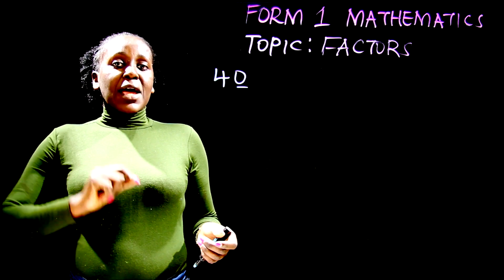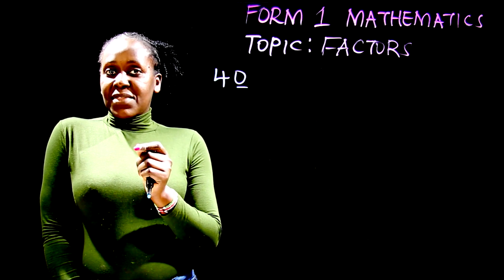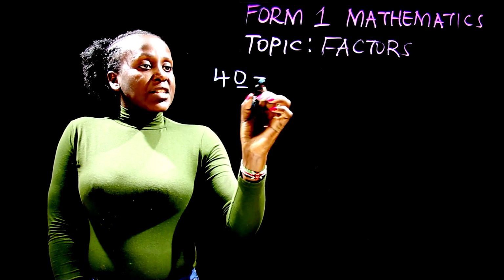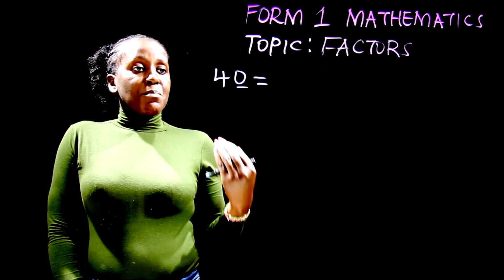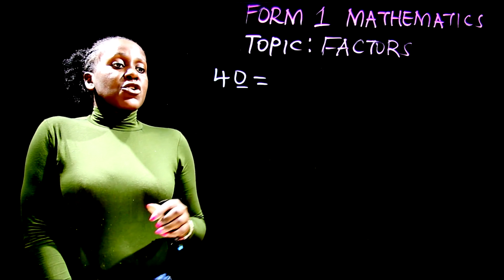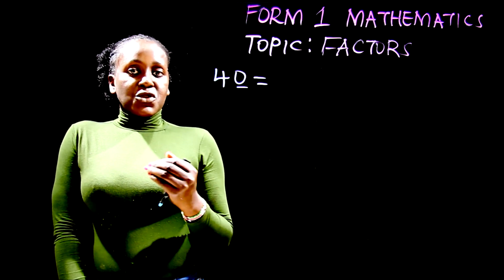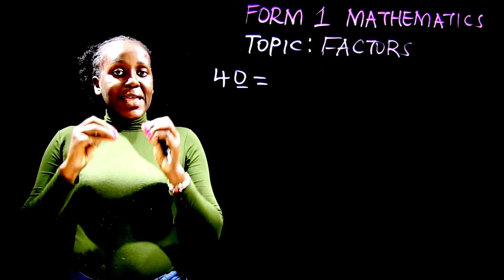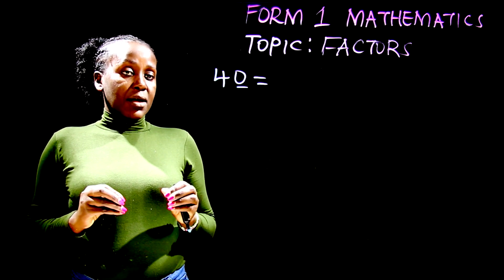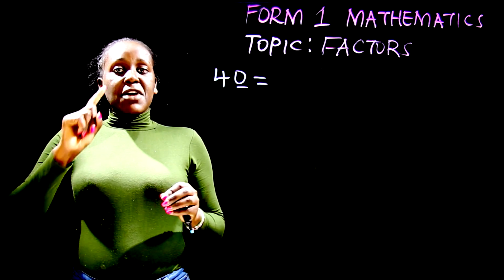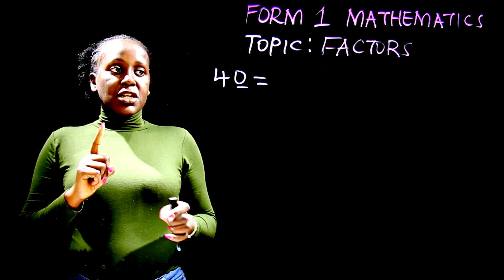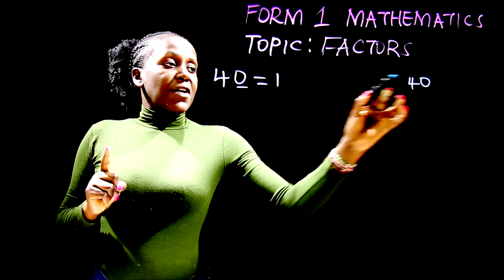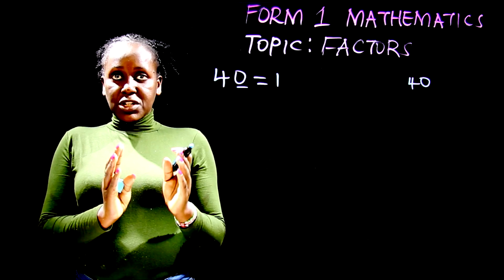So if they are not prime numbers, what are they? They are composite numbers. So that means that 40 has more than 2 factors. So let us get the factors of 40. Like we have said, we start dividing 40 by the least whole number. So 40 divided by 1 is 40. So the 1 and the 40 are factors of 40.